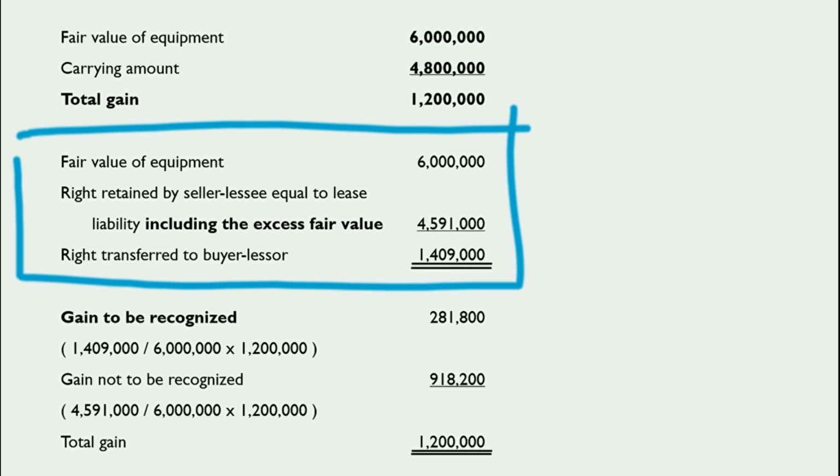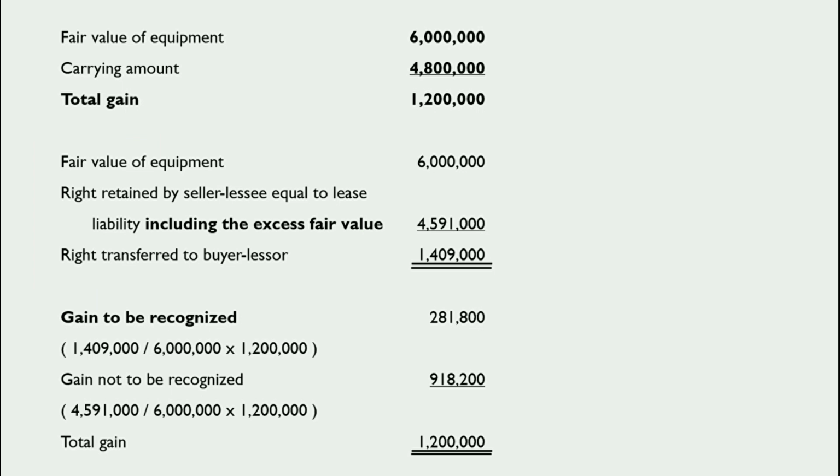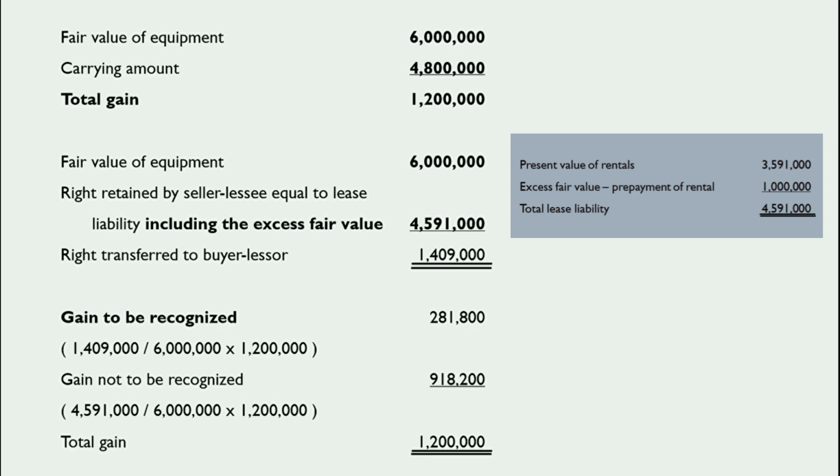Susunod naman is yung right transferred to buyer lessor. So, para makuha yan, yung fair value of equipment na 6 million, minusan natin yan nung total lease liability na 4,591,000. Yan yung right retained by seller lessee, which is equal to lease liability including excess fair value na.